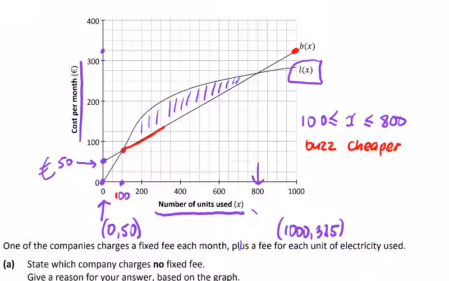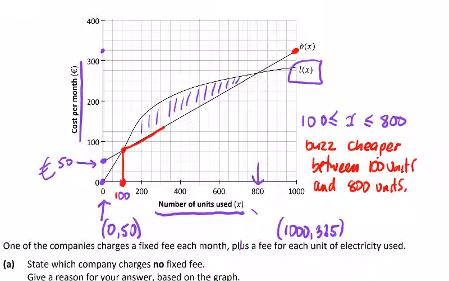Between 100 and 800, probably write that down too. Between 100 units and 800 units. So schools need to know these things so they don't waste money on electricity, having it on during the summer.